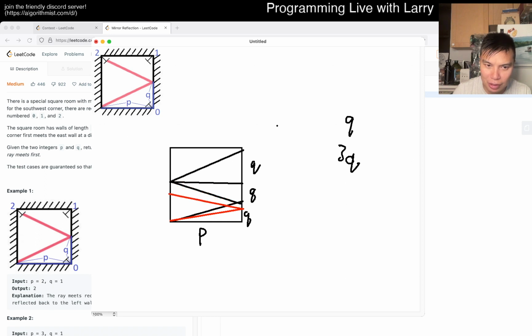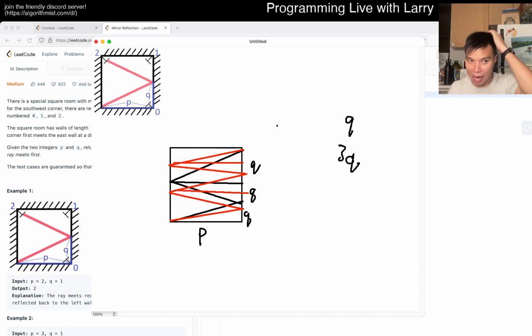1, 2, and you can assume that these things are the same, or otherwise it wouldn't bounce that way. And for each one, in this case, you can count that they're 5Q. I think that's basically the idea.